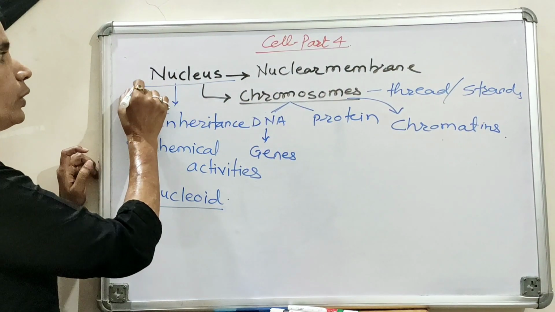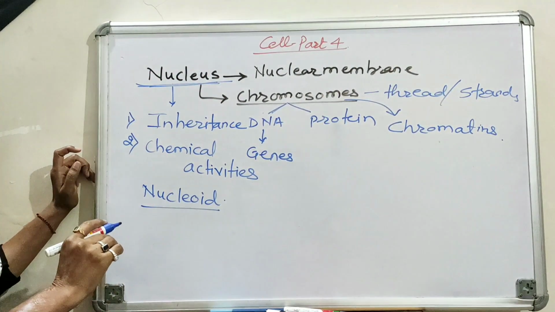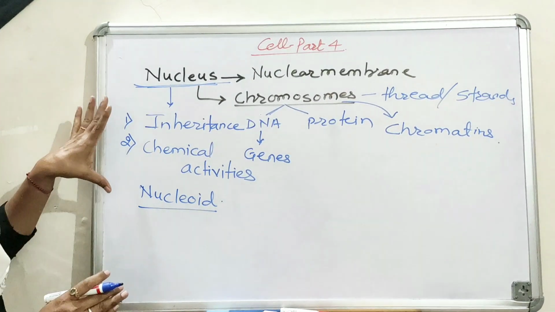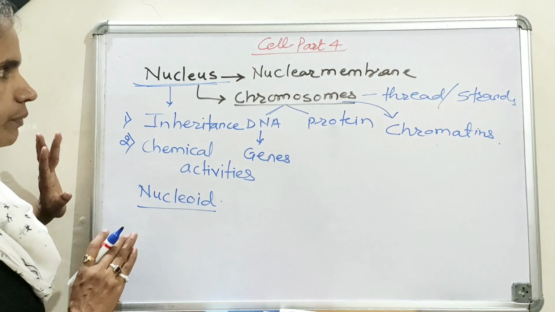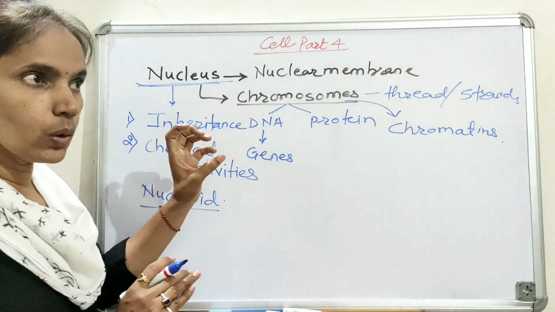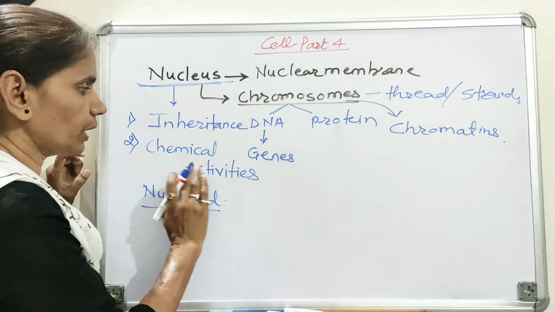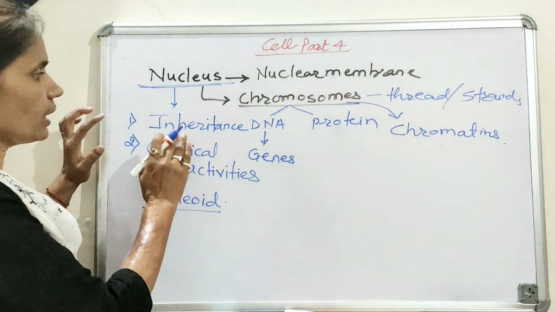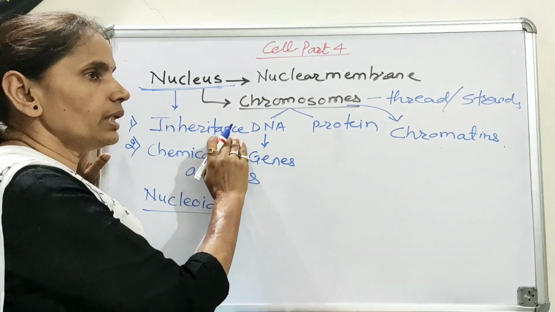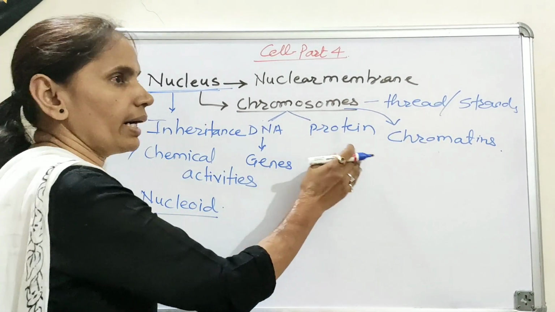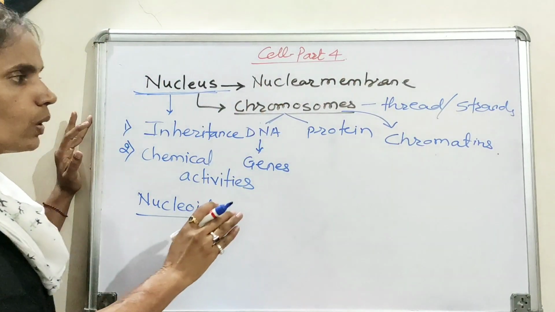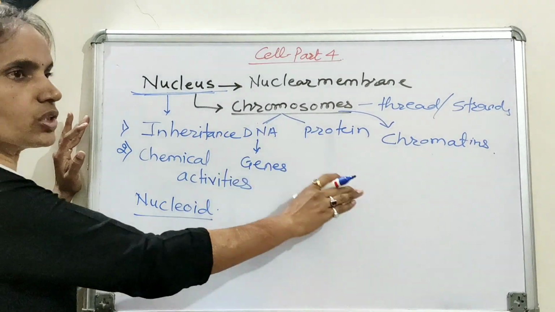So overall, nucleus is having a key role in both the cases, that is prokaryotic cell as well as eukaryotic cell. So nucleus is the controlling unit of different chemical activities in the cell. It is also having the key role in transferring or inheriting the genetic information from the parental cell to the daughter cell or the cells in the next generation.